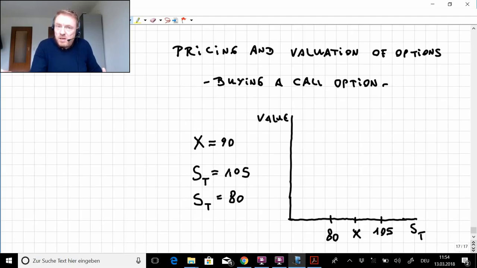If it's going to be 105, for example, he or she has the right to buy the underlying asset at 90 and sell it immediately afterwards at the price of 105, giving him the profit of $15.